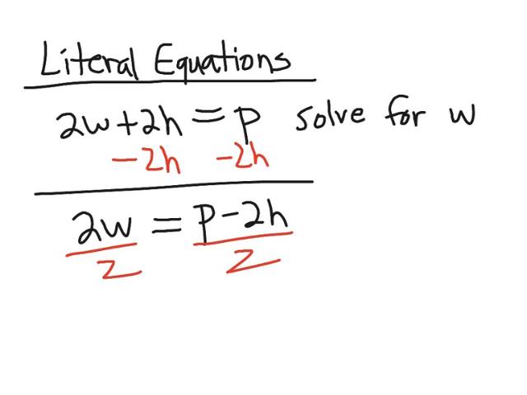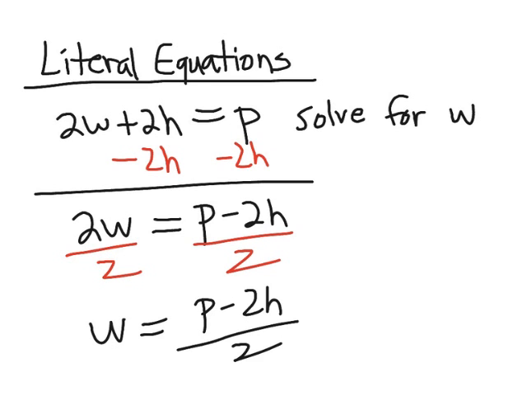Divide by 2. Making sure you divide everything by 2 over there. Your answer would be w is p minus 2h over 2. And a real common mistake I would see students make is they'll cancel those 2's there. You can't do that. If you're going to cancel a 2, you need to be able to cancel it everywhere. We'll talk more about rational equations like that in the future.